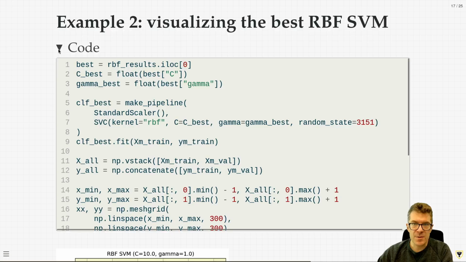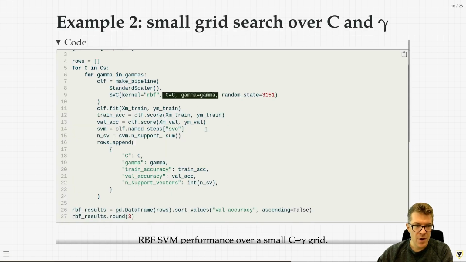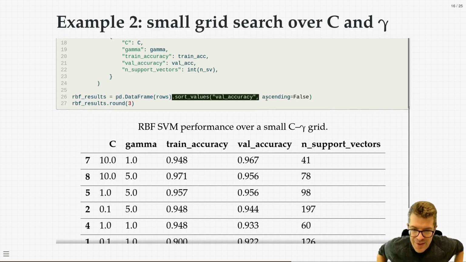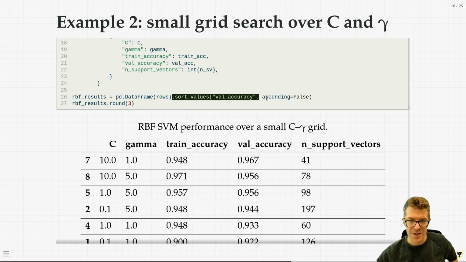Here are the decision boundaries. So actually, I think in a previous cell, where are we? Storing our favorites. Okay, yeah. So we're sorting the values by the validation accuracy. Again, this is a validation set, so we can go ahead and do this.